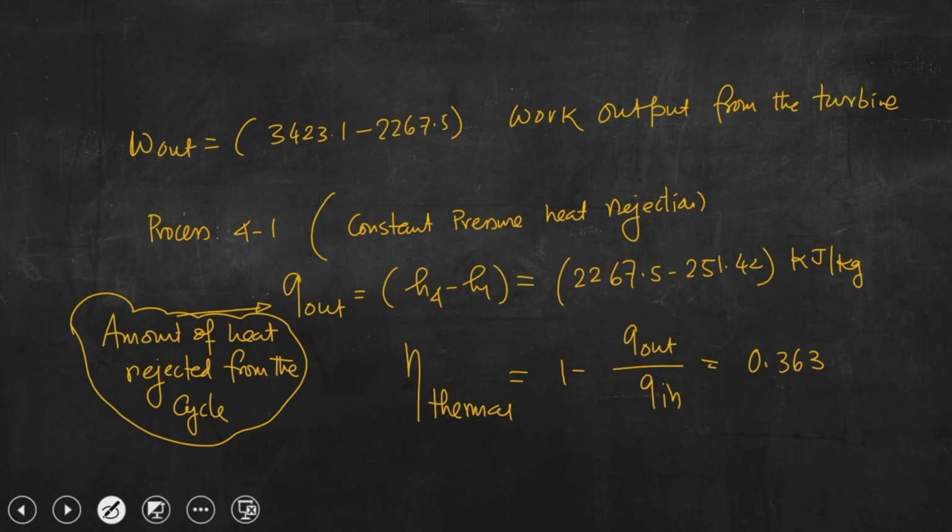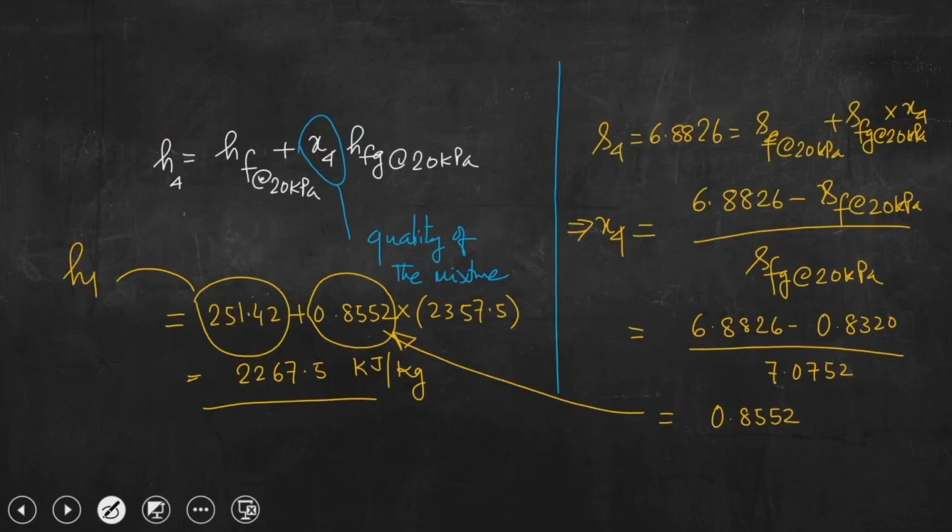Efficiency is very poor. Also, by looking at the expression for q out, you can understand the amount of heat that must be rejected in the condenser, because we could not consume the enthalpy in the turbine.